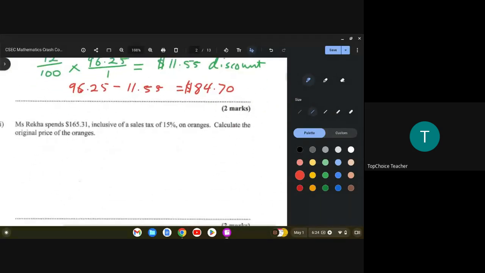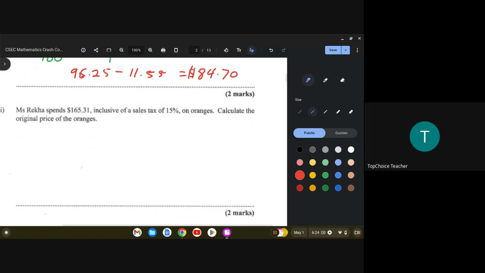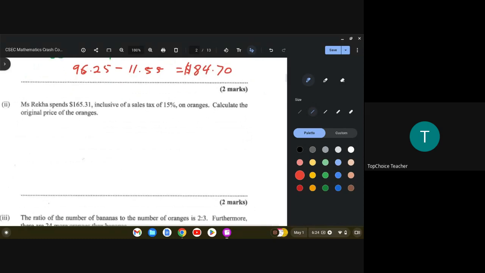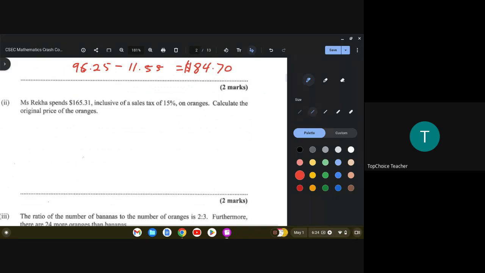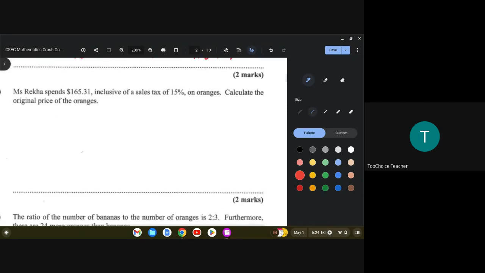Let's move on to part 2 because I'm looking at the time. Somehow we'll get through with everything and not worry about it. Right? So what we have here is a question I like to consider a trick question. Look at this question.